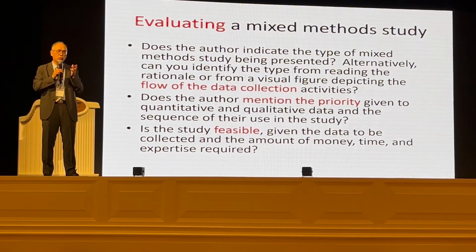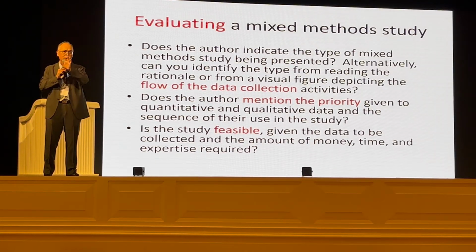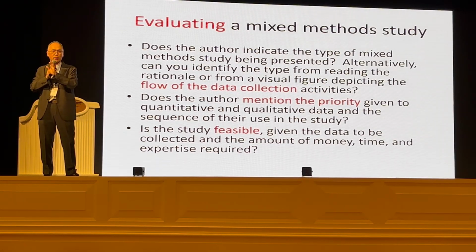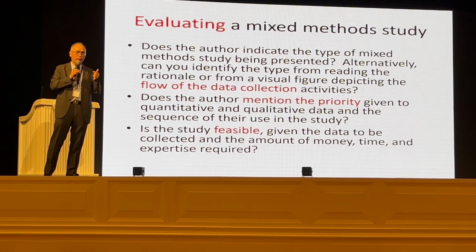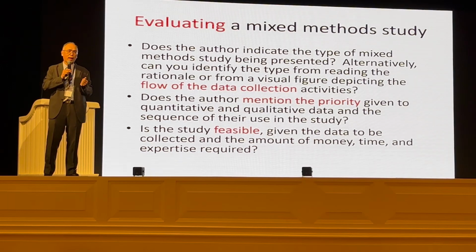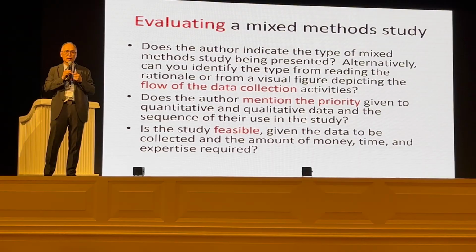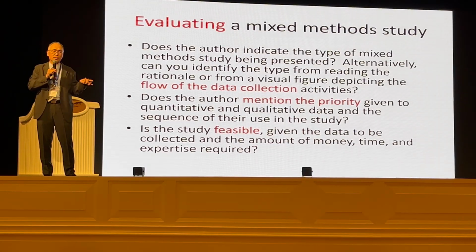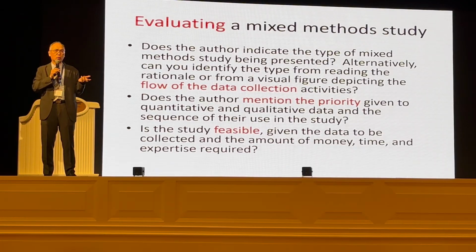But if you say you use the convergent design, then you collect both the qualitative and the quantitative data concurrently, and you interpret it. But don't forget, as you use the convergent design, don't say that you use study 1 and study 2. Then we will just guess you use the sequential.